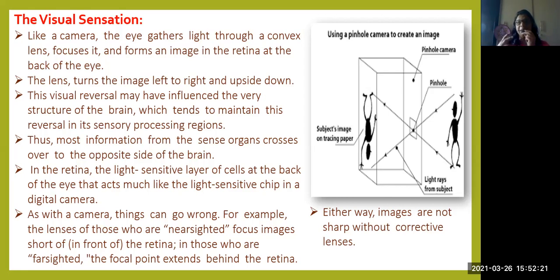After forming this type of image, the optic nerves take the image version to the brain, and the brain interprets the image and fixes the picture in the proper way, so that we can see the image exactly as it is.